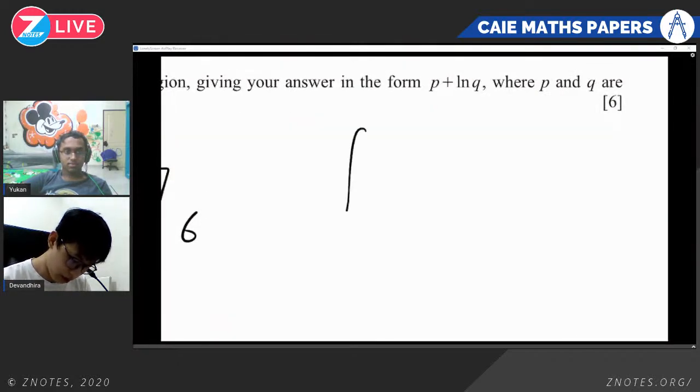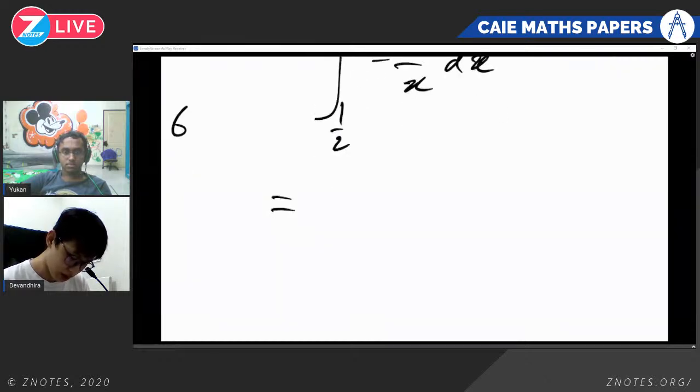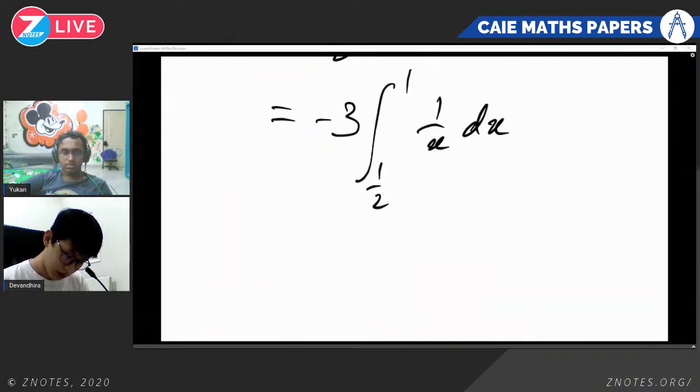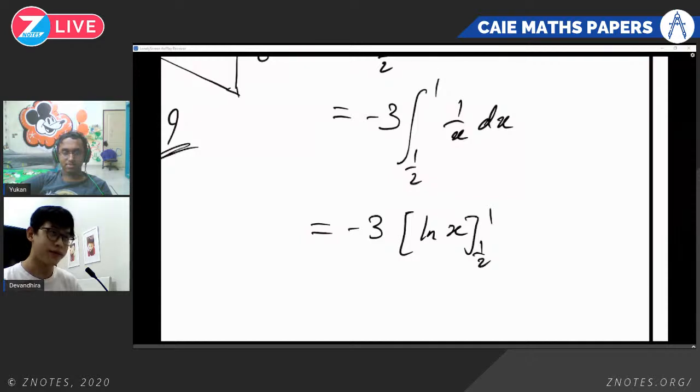So we have the integral from half to 1 of -3/x, don't forget the dx. -3 is just a constant, so I'll take that out, and we have 1 over x dx. If you remember, the integral of 1 over x is just ln of x. We have ln of x from half to 1.